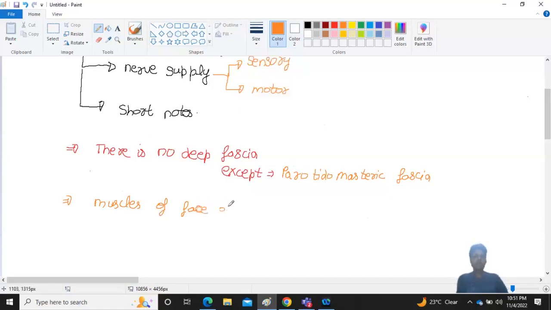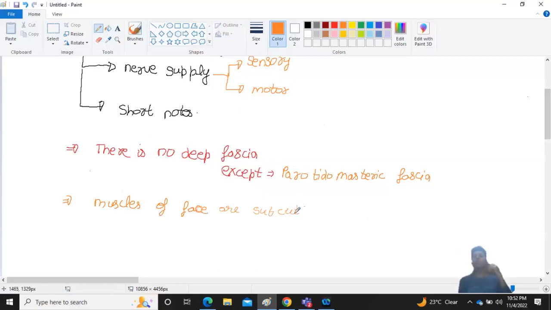Muscles of face are subcutaneous, which means they are present below the skin.